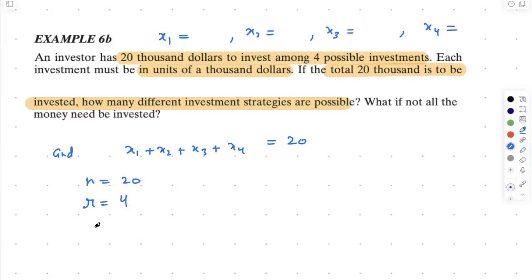This is what we have to consider. Now, there is a possibility that in any of the investments, the number of dollars you invest can be 0 and can be 20 depending upon the situation. So x2 may be bigger than or equal to 0, x3 may be bigger than or equal to 0, x4 may be bigger than or equal to 0. So we are looking for non-negative solutions.